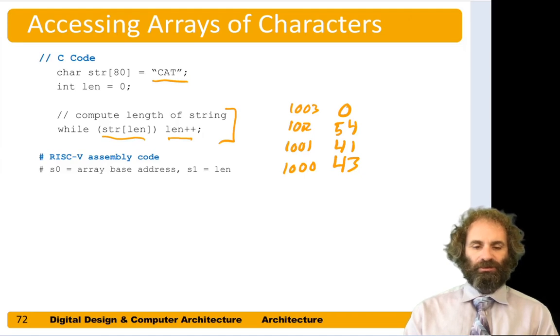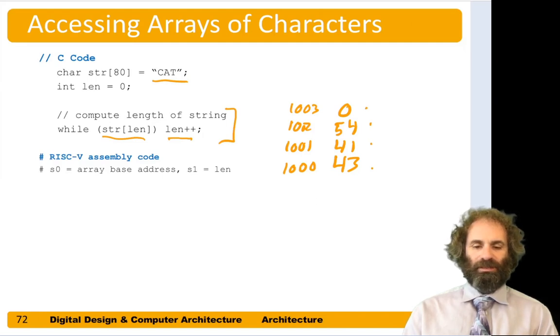So initially length is 0, string of 0 is a C, so we increment length. Now length is 1, string of 1 is A, so that's not 0 yet, increment length. Length is now 2, string of 2 is T, that's not 0, increment length again.